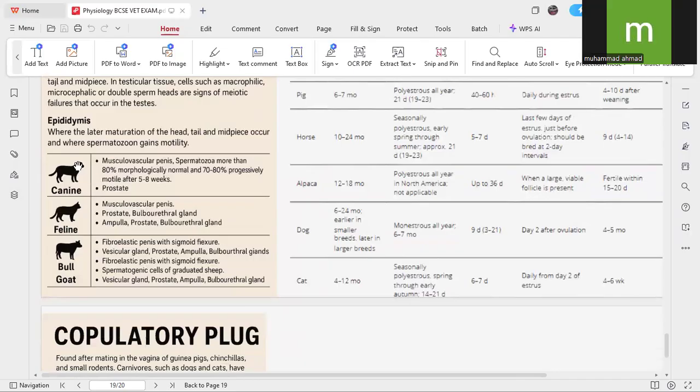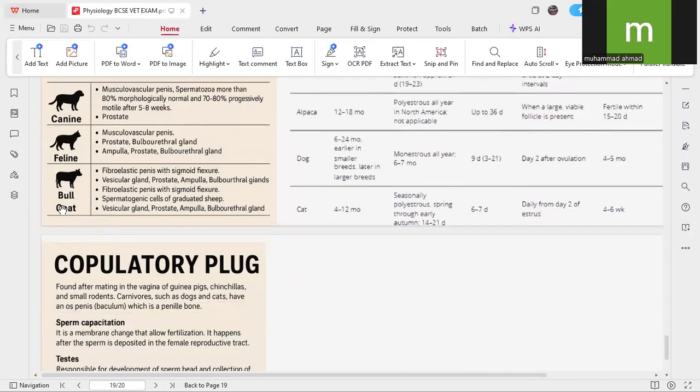In canine, there is a musculocavernous penis. Spermatozoa are more than 80% morphologically normal and 70 to 80% progressively motile after 5 to 8 weeks. Dogs only have the prostate gland. In feline, there is a musculocavernous penis, and there are the prostate gland and bulbourethral gland.